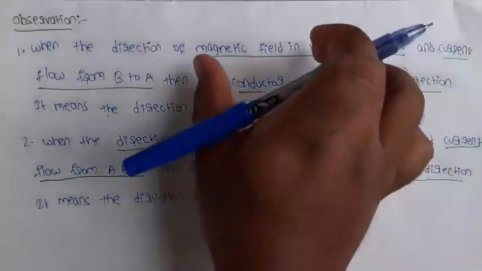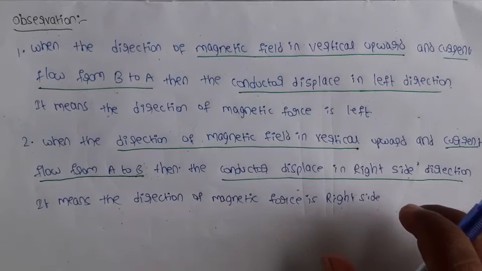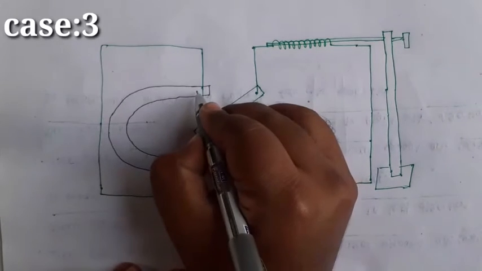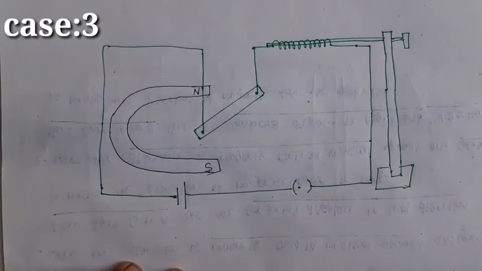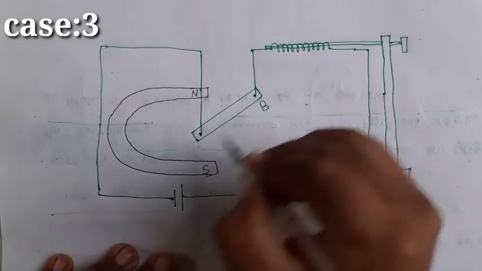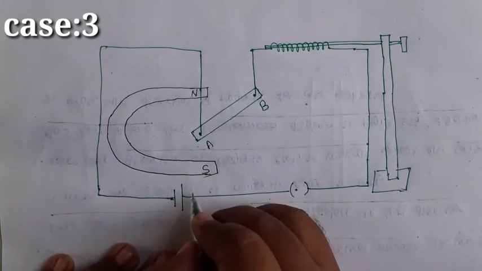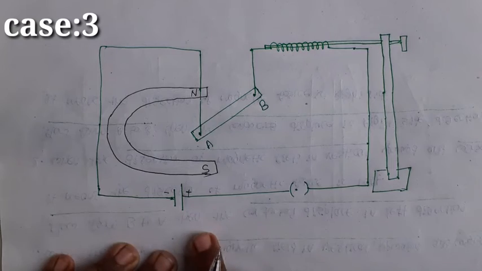Suppose the magnetic field is also changed. In that situation, what is the effect on the magnetic force? That we will observe. This is the north pole of the magnet, this is the south pole of the magnet, this is the point B of the conductor, this is the positive terminal of the battery, this is the negative terminal of the battery.